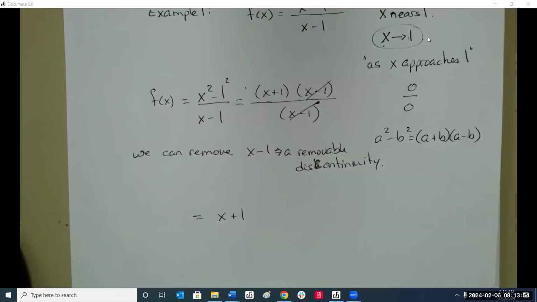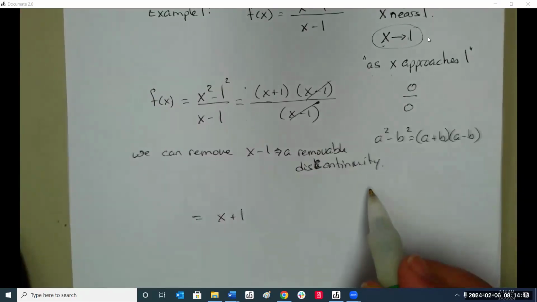What does that graph look like? What's the y-intercept? The y-intercept is 1.